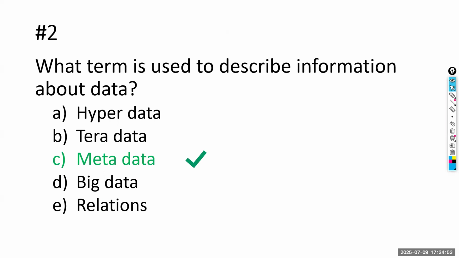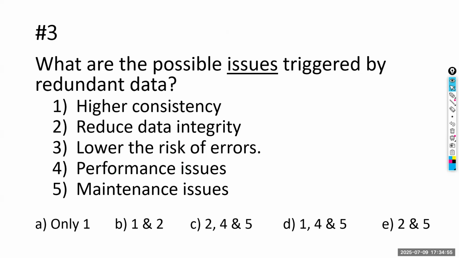Third one. What are the possible issues triggered by redundant data? Redundant means your data is in multiple places, the same data. So this is something we have not directly discussed. We will discuss it in later parts, but I just added it so that you can think of a possible answer.